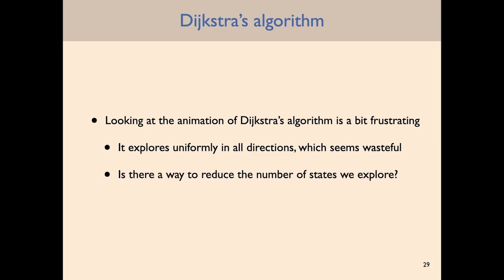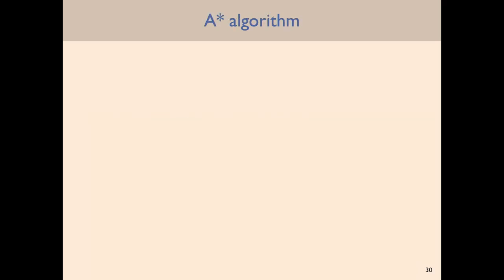So one question we could ask is, can we somehow further reduce the number of vertices that we explore during this graph search process? So that's where the A-star algorithm comes in. This is one of the most popular algorithms for discrete motion planning in robotics.